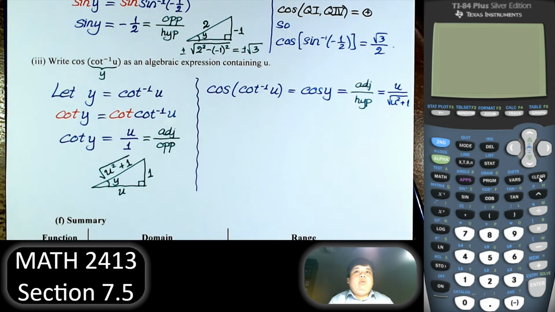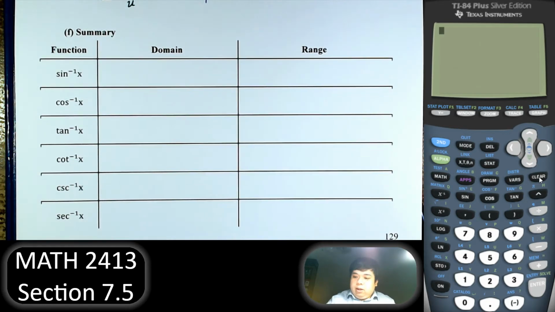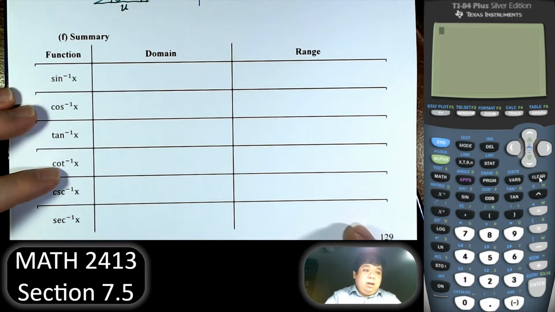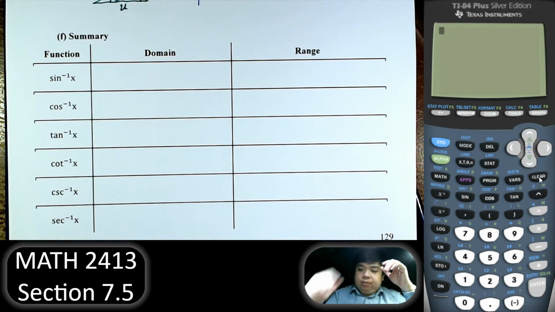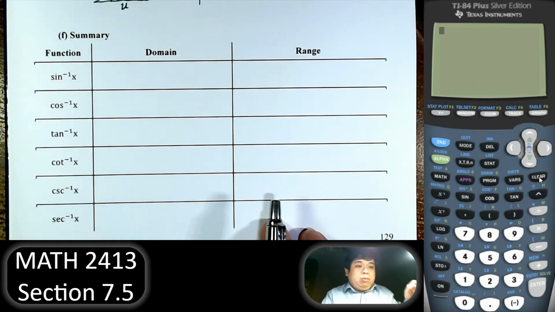Now before we go to the calculus part, let's just complete this table, which is important. So, I said we need the function to be 1 to 1. So the domain has to be, the range will have to be something.